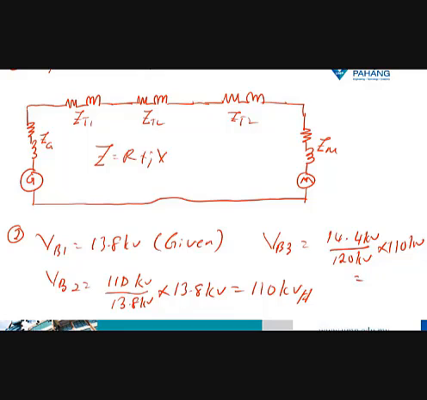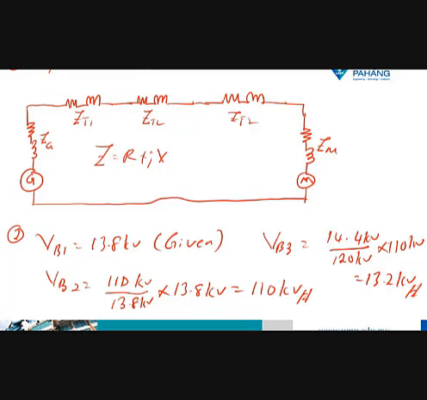So we will get 13.2 kV, right? 13.2 kV. Yes. So now we have solved V base 1, V base 2, and V base 3.